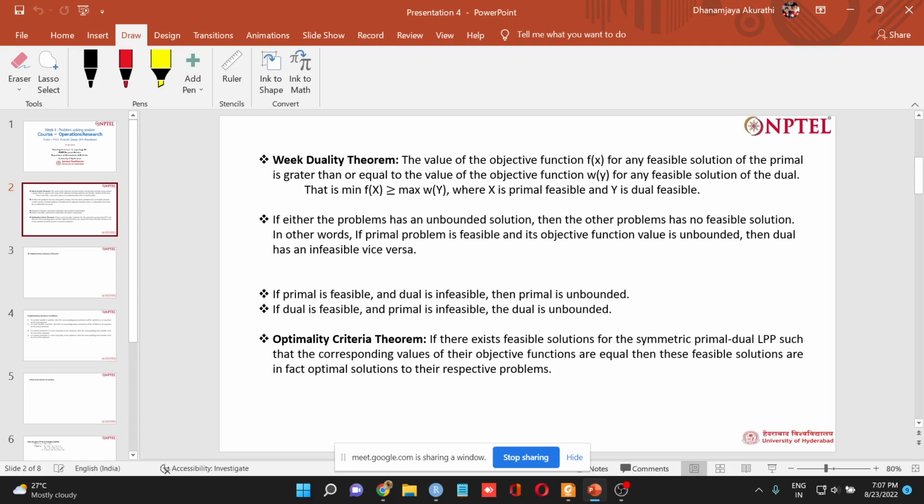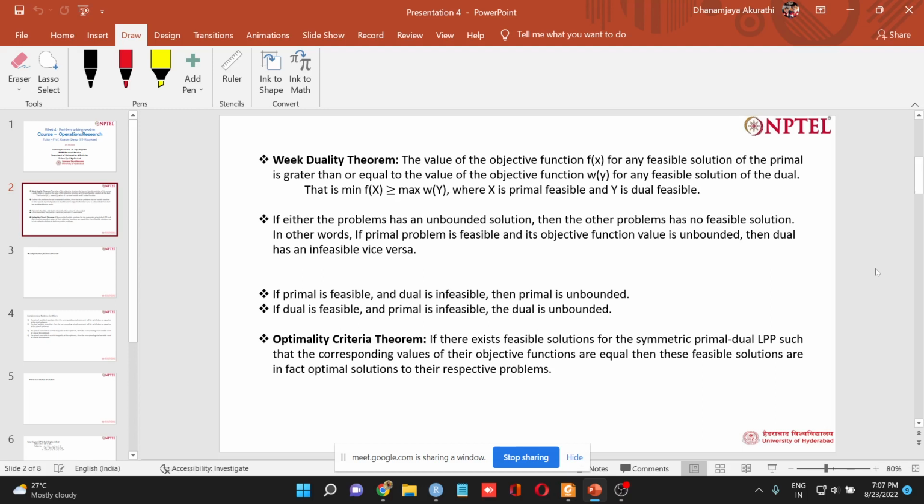In that case, we observe that the objective function values of both the primal and dual would be equal. Another note: if either of the problems has an unbounded solution, then the other problem has no feasible solution, that means an infeasible solution.